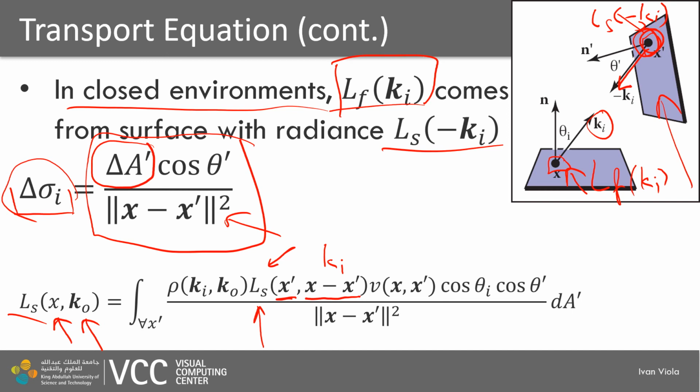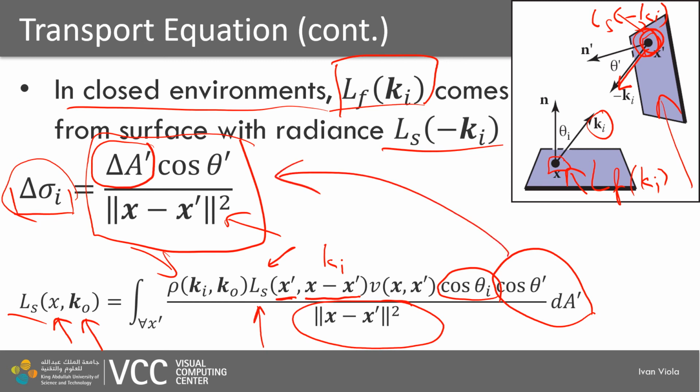And we are further keeping our term of the BRDF. We have also our term for the cosine of the incoming theta direction. And then we have these two terms, and this term coming from this equation, which is the replacement for our solid angle.